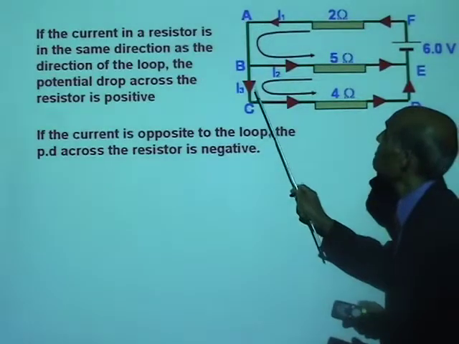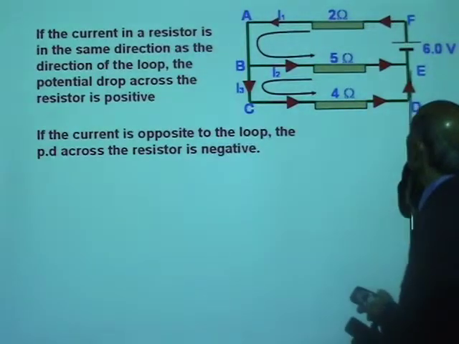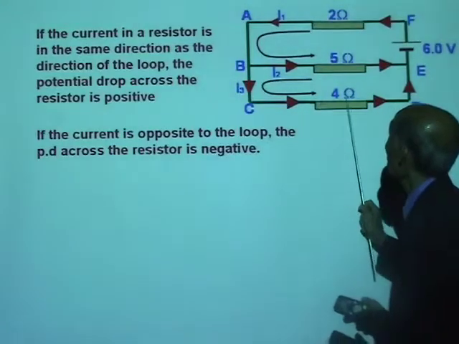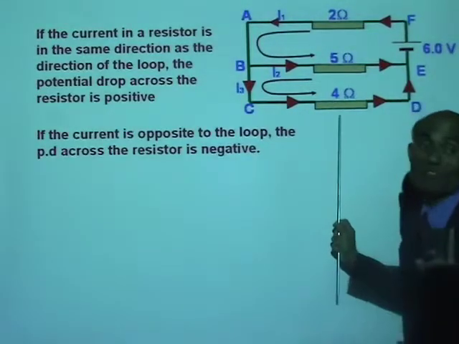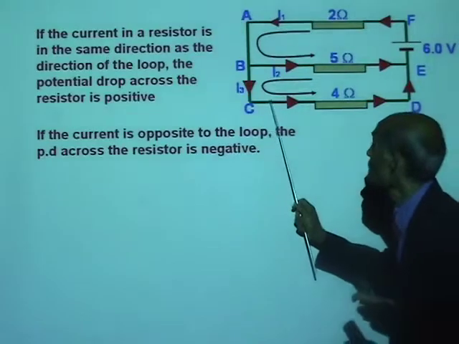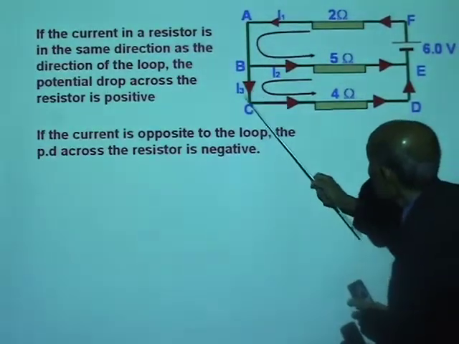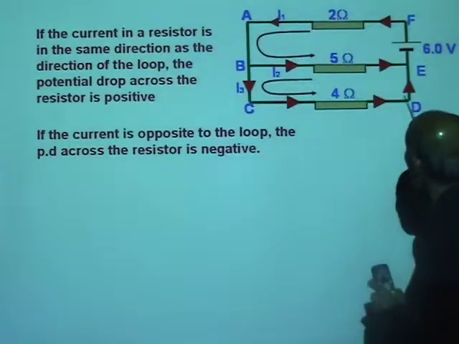So watch this again. In the loop BCDEB, the potential drop across the 4 ohm is positive. Why? Because the current flows in the same direction as the direction of tracing the loop.